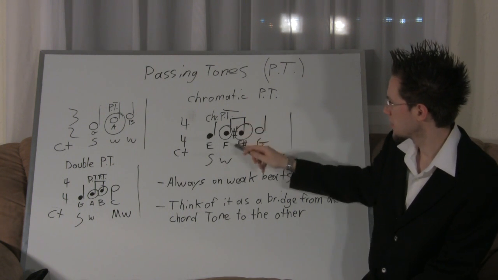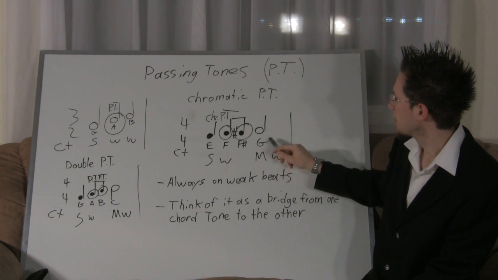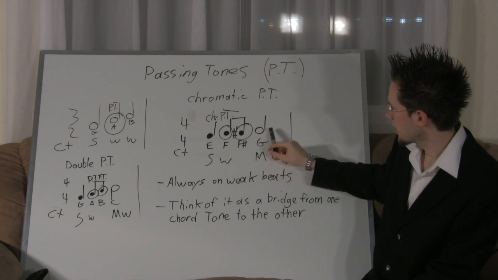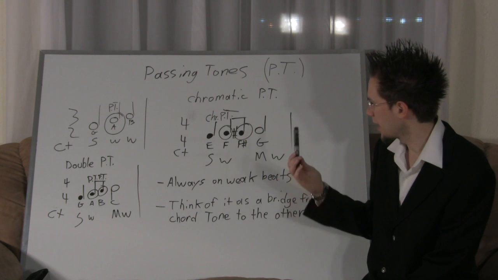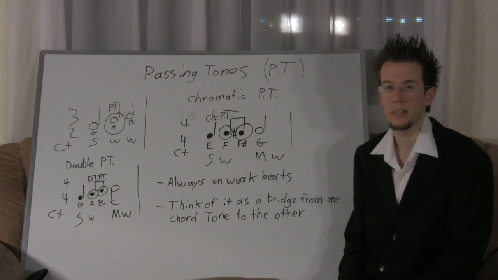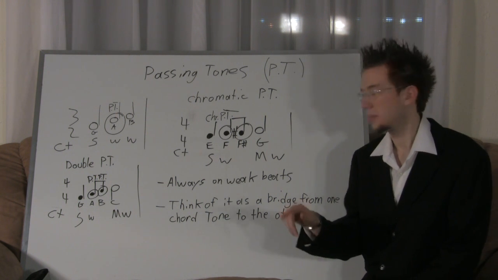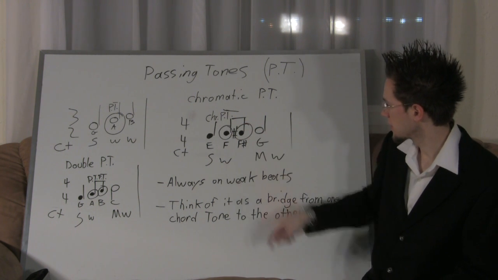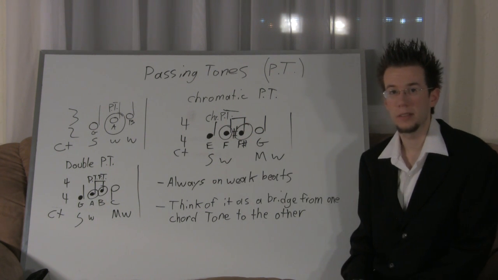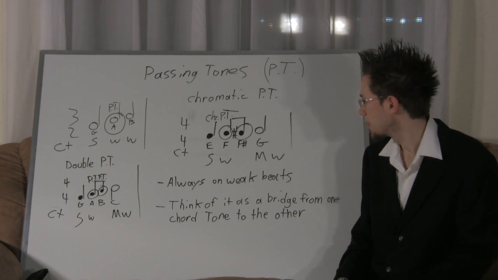So this is a chromatic semitone right here from F to F sharp. But that's a diatonic semitone. Anyway, these are chromatic passing notes. It's stepping upwards chromatically, going E, F, F sharp, G. So that's your chromatic passing tones there. And again, they're coming in on the weak beat, not on the strong beat or anything else, right?